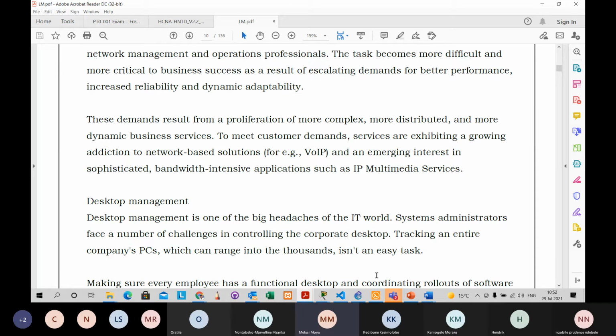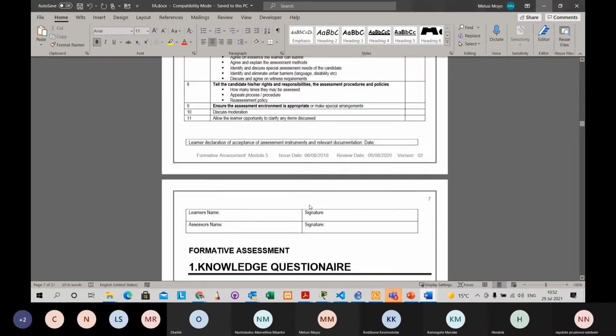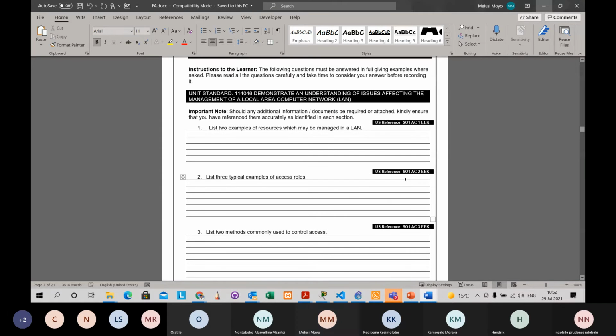All right, let me switch to the formative for module 5. Question number 1: list 2 examples of resources which may be managed in a LAN. Two examples of resources that can be managed in a LAN.